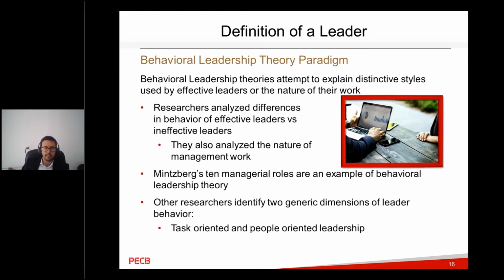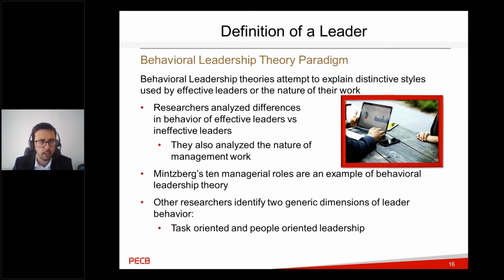So these studies have tended to come together and find how leaders behave in certain situations, and by comparing and contrasting this leadership behavior, we sought to understand whether there are some defining traits that leaders have.